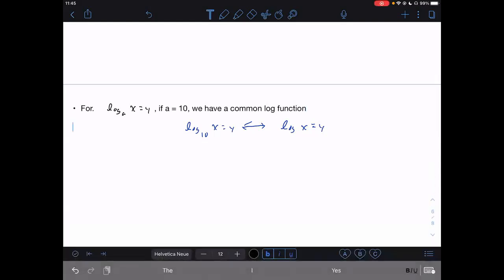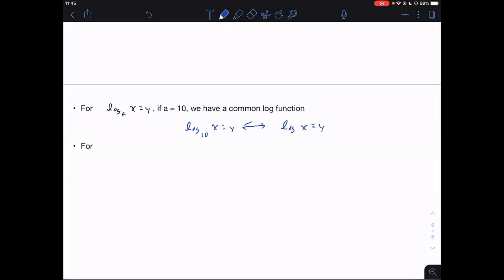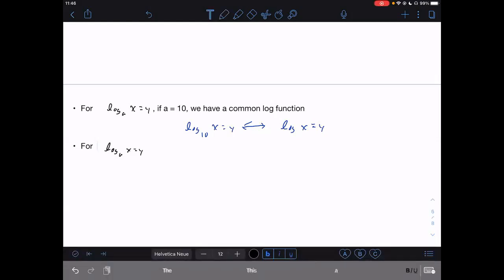But if our log equation, again, we have log base a of x equals y, and the base a is represented by our special natural number e that we reviewed in the last section, then what we're dealing with here is the natural log function, which will be the main focus of this section.